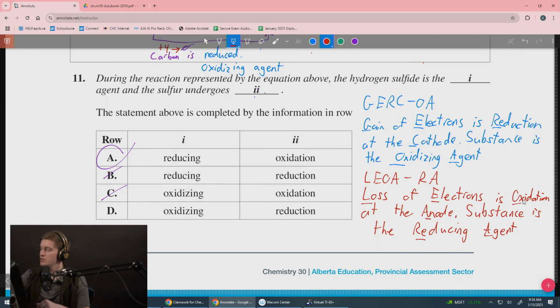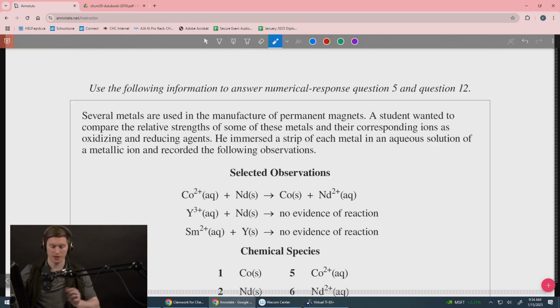So this was an oxidation reaction, which means that the substance that was oxidized is the reducing agent. Moving on to the next question.